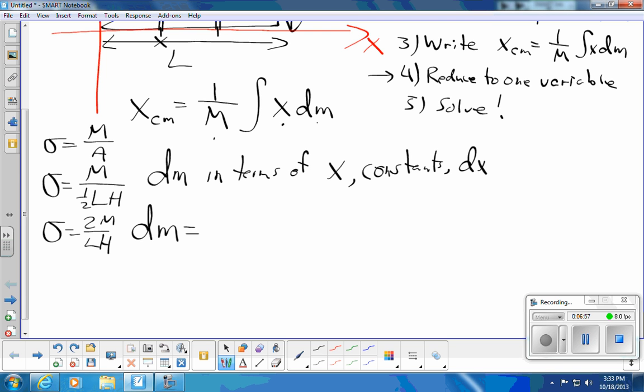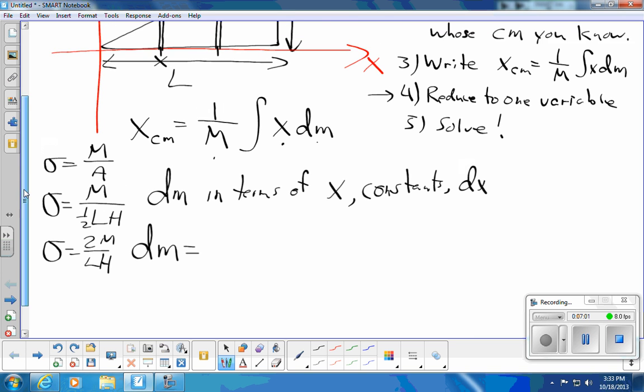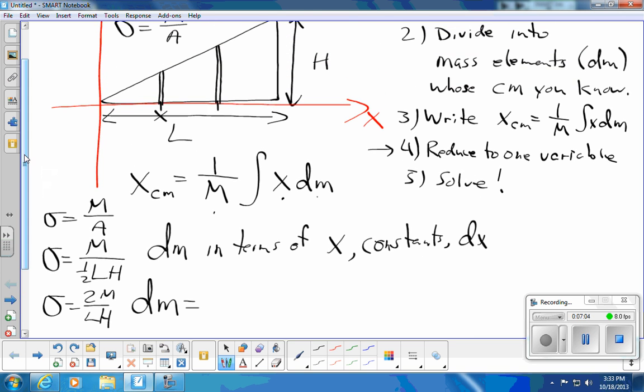All right. Can I use that to express the mass of each individual piece in terms of constants, x and dx? And it turns out that I can. Consider one of these pieces. I'm going to shade this in red, if you can see that, on the original shape there. How much mass does that have?